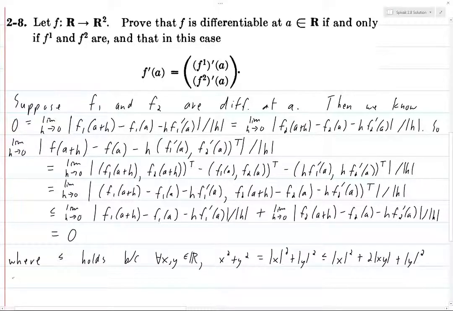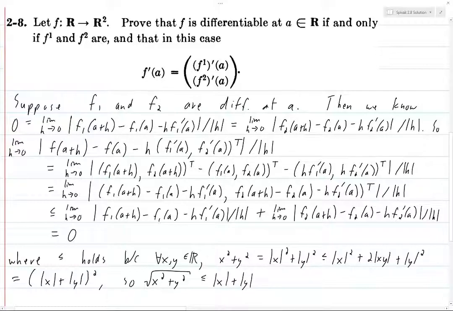But then this is just the absolute value of x plus the absolute value of y, squared. So we take square roots and get the square root of x squared plus y squared is less than or equal to the absolute value of x plus the absolute value of y.